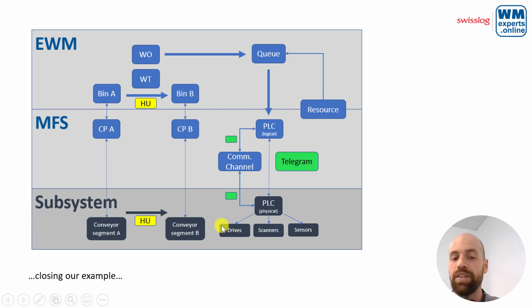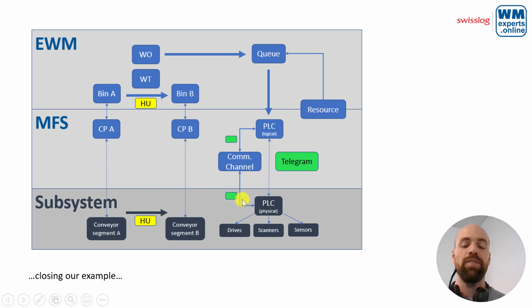So in this example, it activates the drive of the conveyor segment A, so the pallet starts moving. Then it hands over the HU from the segment A to the next segment, and so on, up until it finally reaches segment B.